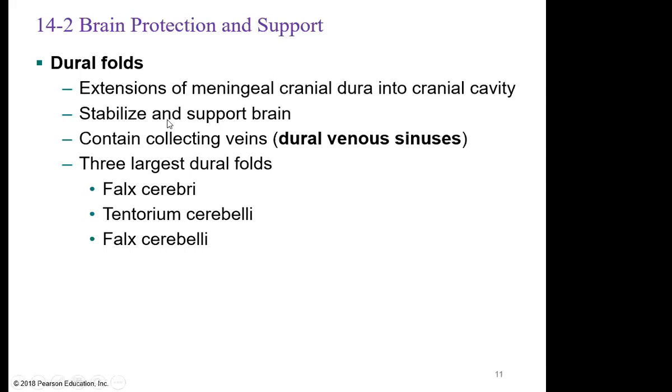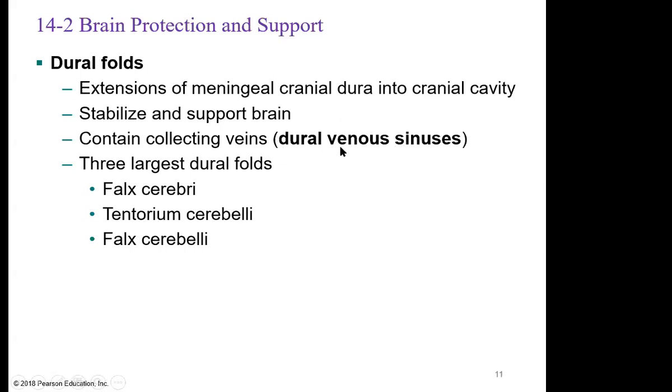Whenever we look at these extensions, these are the 3 largest ones, the falx cerebri, tentorium cerebelli, and the falx cerebelli. I'll show you a picture of those 3 here in just a second. But another important aspect to these dural folds or these extensions is that they contain the collecting veins. We call these the dural venous sinuses.